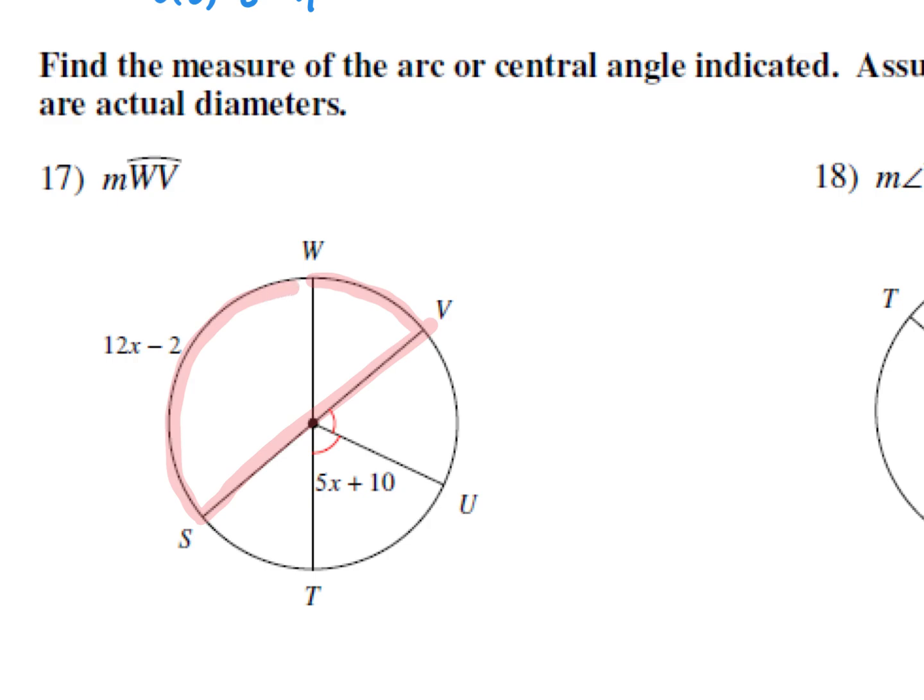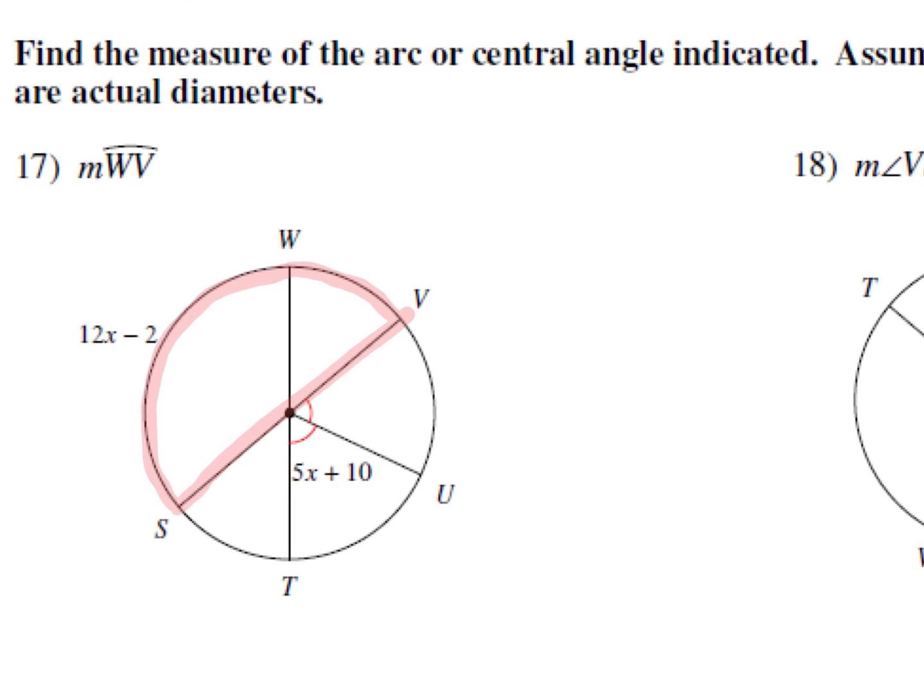So if we connect this one, 12x minus 2, the size of this arc of this circle is going to give you a total of 180. So we're going to create our equation. Let's call this one x for an easier way to solve.